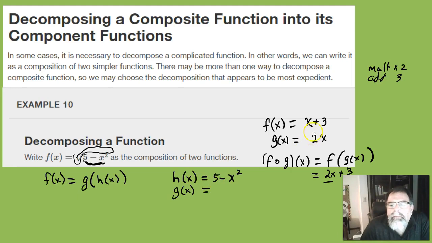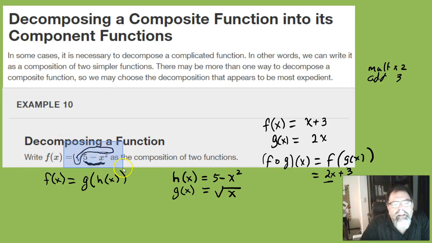Typically when we do composition, if we're going to plug 2x into f of x, we take the x out and replace it with the 2x, right? So we're going backwards: we take the 5 minus x squared and replace it with just x. So my g of x is going to be the square root of x.